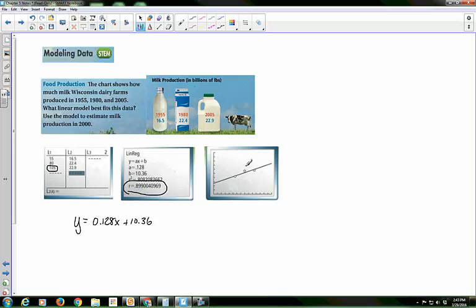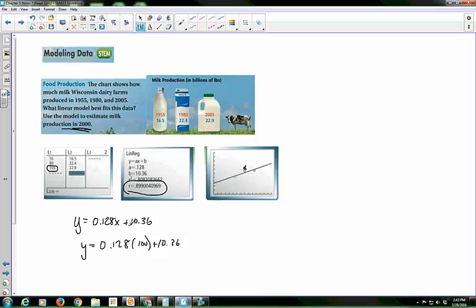But you can see this little guy here is a little bit off the line, so he's not going to fit so awesome. But we're going to use it to estimate milk production in 2000. So we're going to plug in 100, because if our starting point is 1900, the year 2000 is 100 years from then.